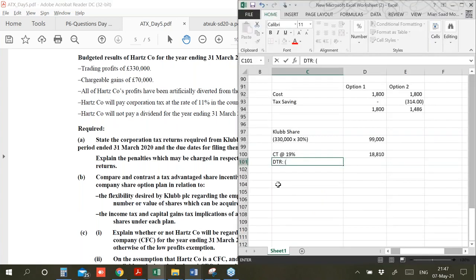Because the lower rate is in the country of Suta, DTR will be 99,000 times 11%.